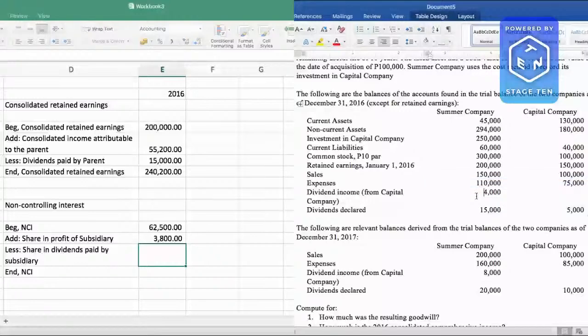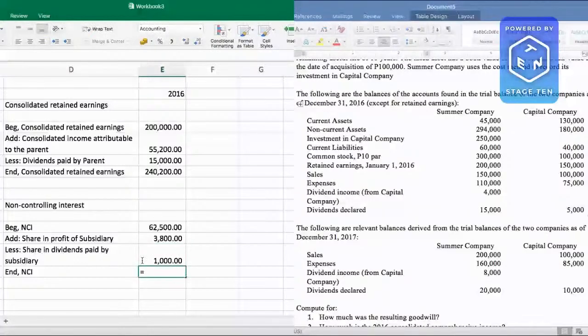So out of the 5,000, class, 4,000 was given to the parent, which makes sense because the parent owns 80%. So the amount that goes to your minority shareholders is only 1,000. Or how else do we solve for 1,000? You multiply 20% with 5,000. So this would be 1,000. And this would already give you your ending NCI, class.